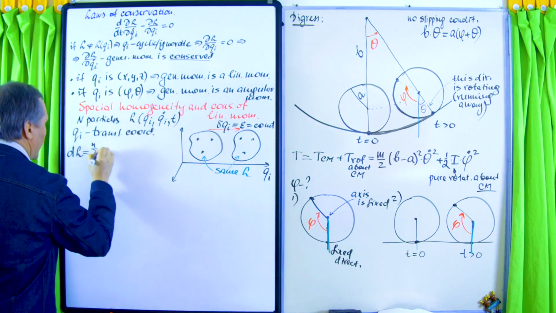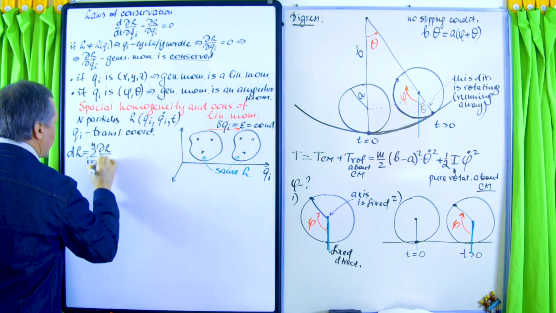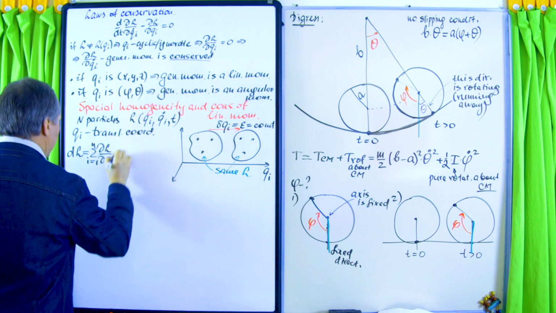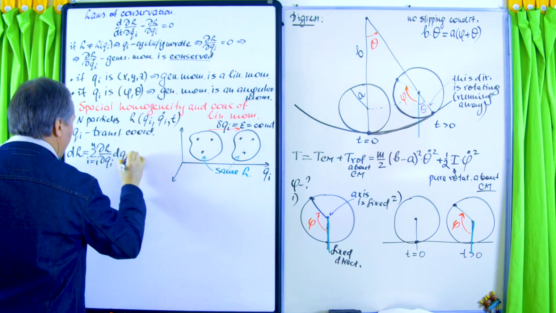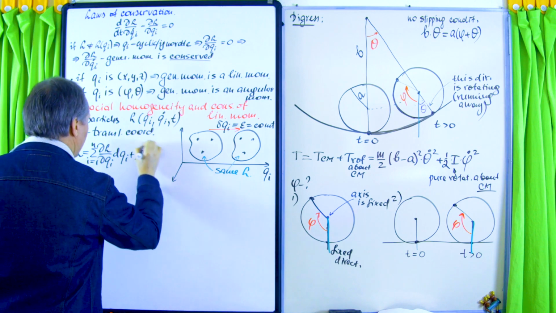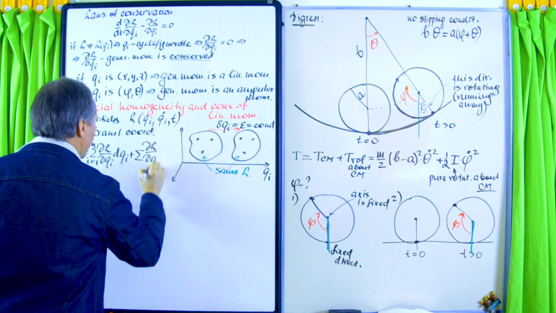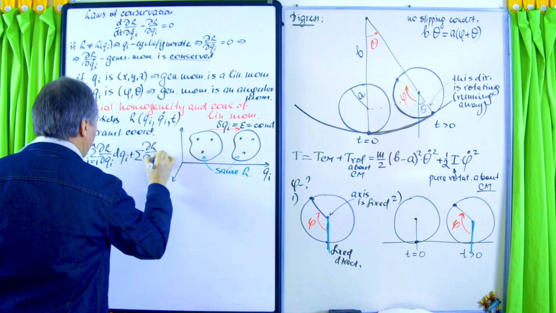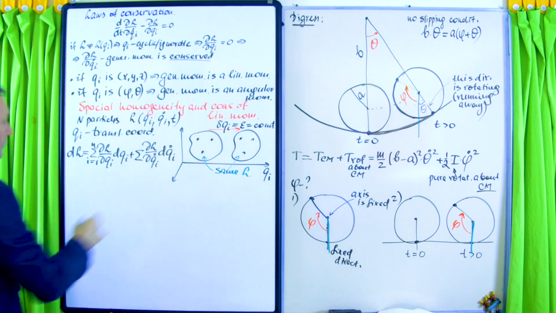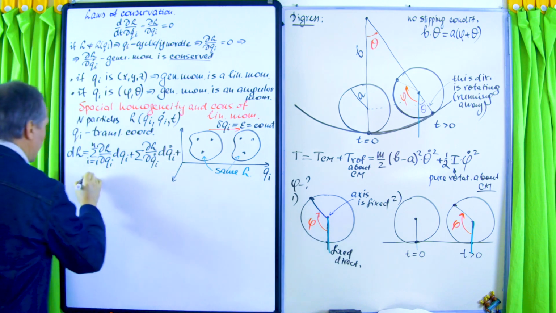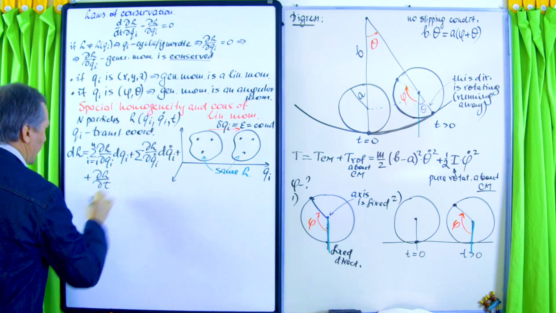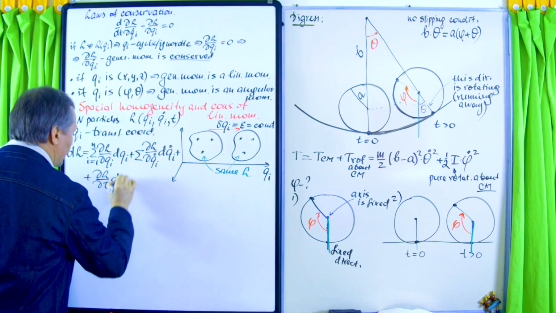I from 1 to n, partial derivative of L with respect to qi, dqi, then plus summation of partial derivative of L with respect to qi dot, dqi dot, and I'm running out of space, plus partial derivative of L with respect to time, dt.